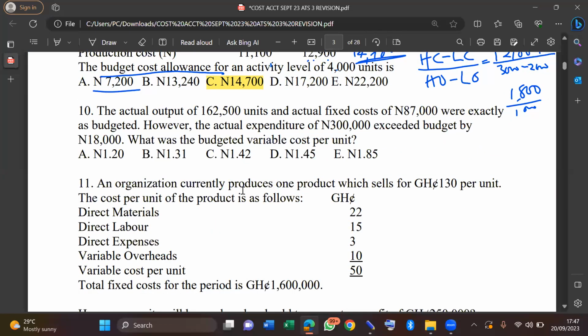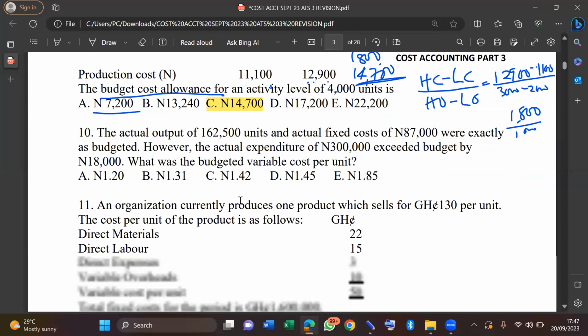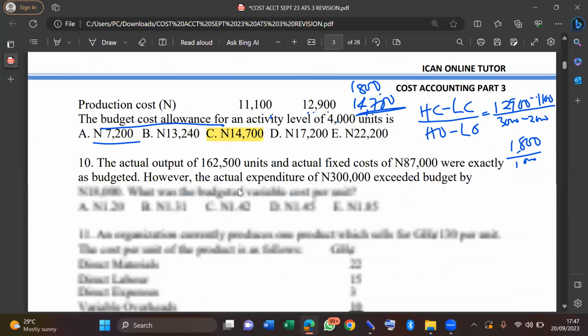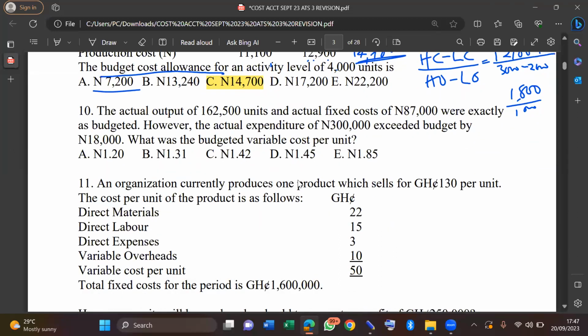The next one. The actual output of 162,500 units, and actual fixed cost is 87,000, were exactly as budgeted.